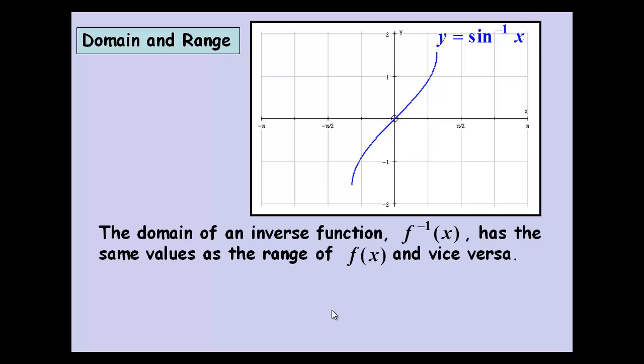What's the domain and range? Well, as we know, the domain of an inverse is the same as the range of the original function, and vice versa. So the domain of y equals the inverse sine of x is between -1 and 1. X is greater than or equal to -1, less than or equal to 1.